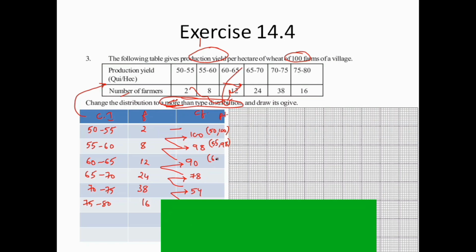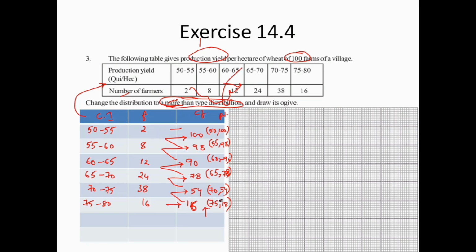Here it is 60 comma 90. Here we'll have 65 comma 78. Here 75 comma 80. I think this is 6, right?